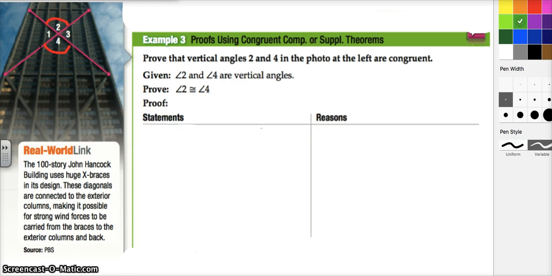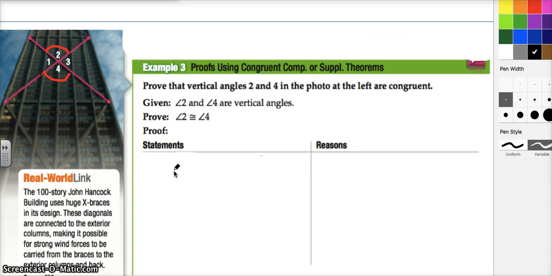So let's think about how we can do that. One of the first things we'll do is to write down the given information. So angle 2 and angle 4 are vertical angles, and I'll write vert angles like that. Sometimes abbreviations are really helpful, so I'm going to abbreviate when I can, and that's just given.